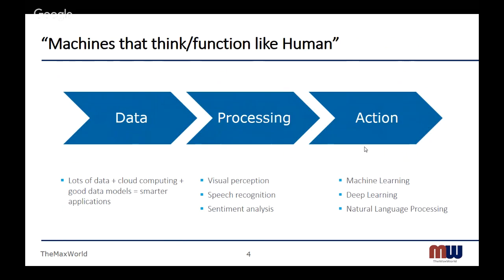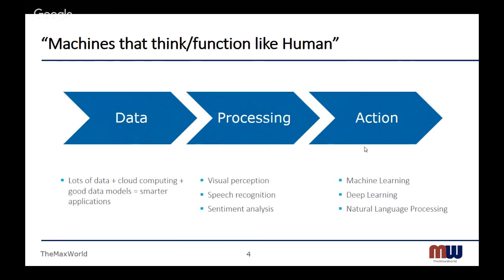These are the three areas where we have been seeing a lot of traction in the AI and machine learning area. So on net, smarter applications or smarter systems or smarter machines mean you have lots of data, you have cheaper computing power, which can run a lot of complex algorithms to create trends, models, and perceptions. And then based on those data models, you will be giving out some actionable items, or some decisions, some predictions, and so on.